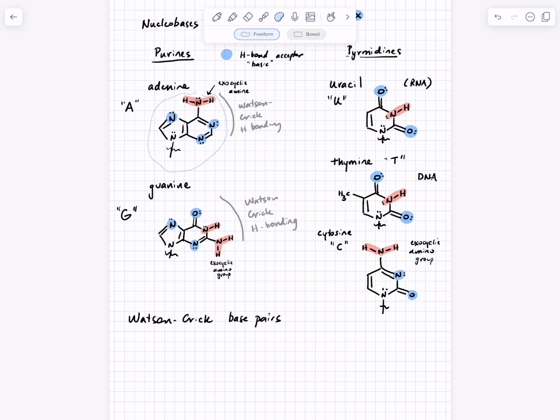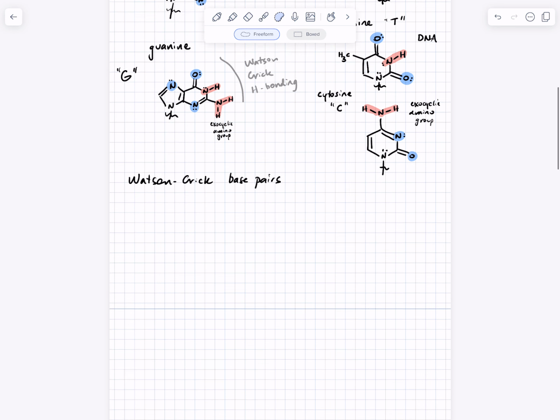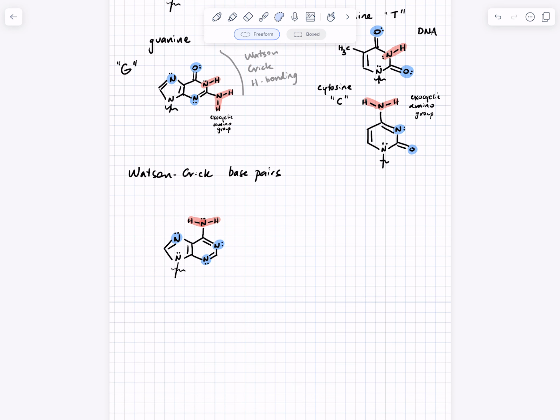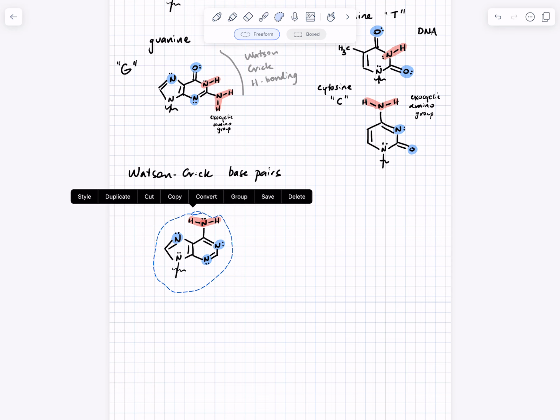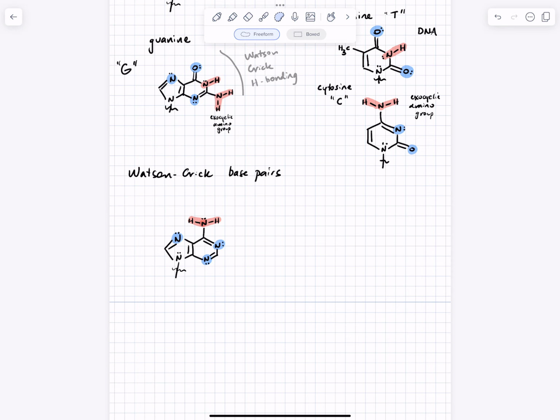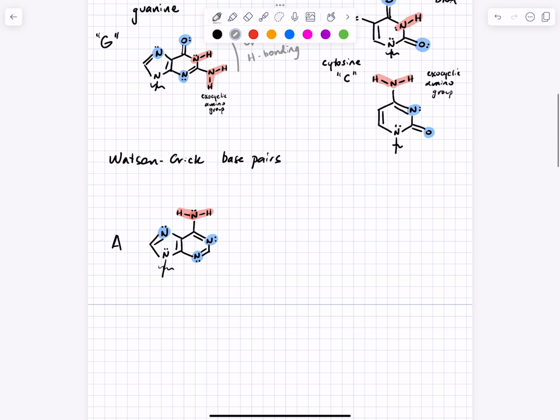So I'm going to copy the structure of the adenine base, and then we'll draw the thymine base or the uracil base that interacts with it. So we'll write down an A here. The exocyclic amino group of adenine interacts with the carbonyl oxygen of thymine or uracil.